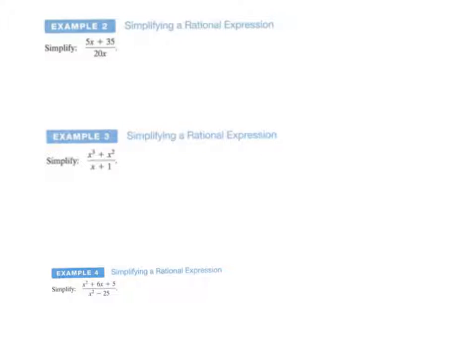Simplifying rational expressions means factoring out what can be divided out. So if I factor my numerator, 5 is my greatest common factor, and I get x plus 7. And on the bottom, I could factor that as 5 times 4x. The reason I picked 5 is because 5 happens to be the number I have up top. When you have common factors, they cancel out.